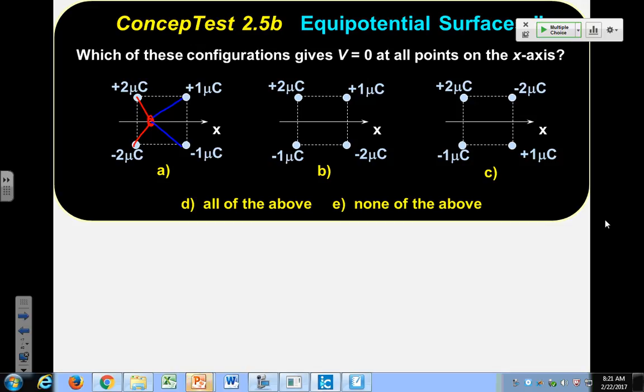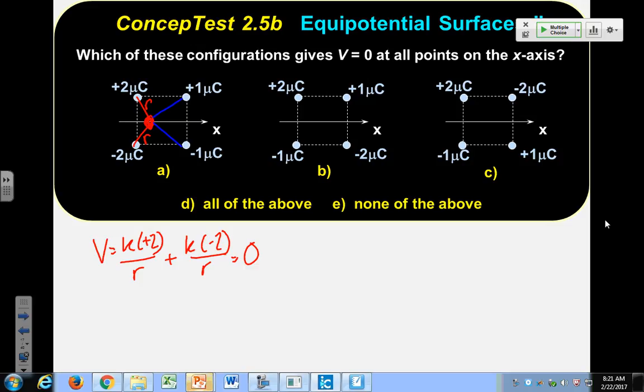And here they cancel out as well. So, for example, the potential at this point, if this is R, is going to be K times plus 2 over R plus K times minus 2 over R, and that's equal to 0. And in a similar way, these two voltages will cancel out as well, because I have equal but opposite charges.